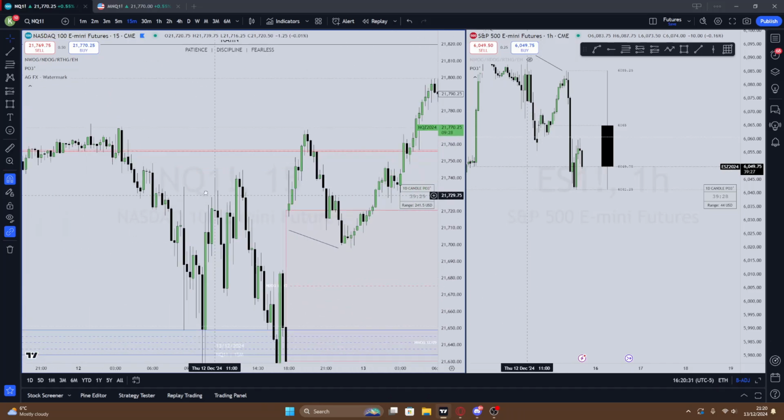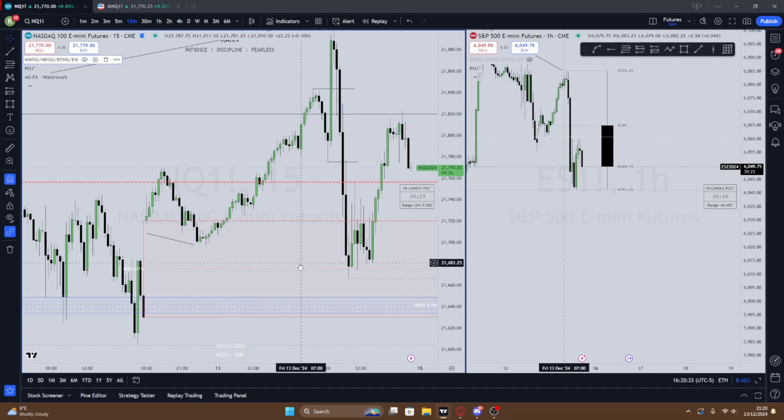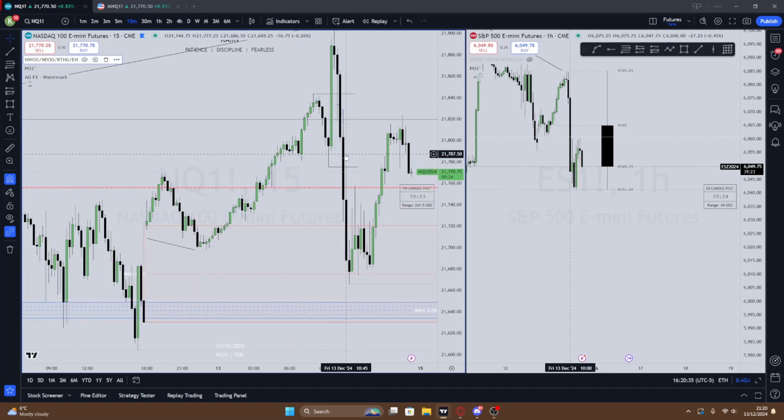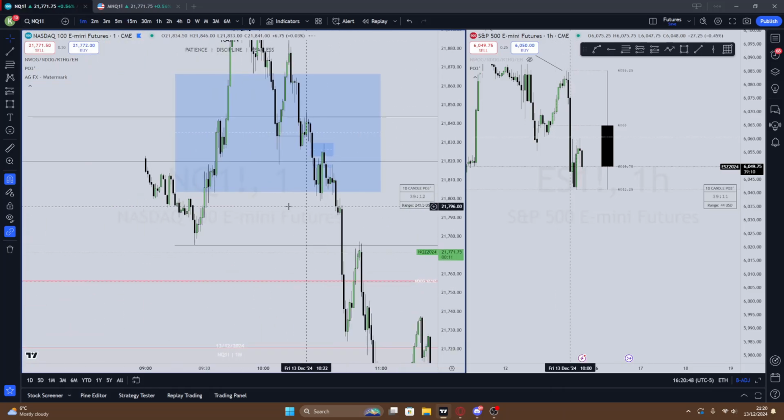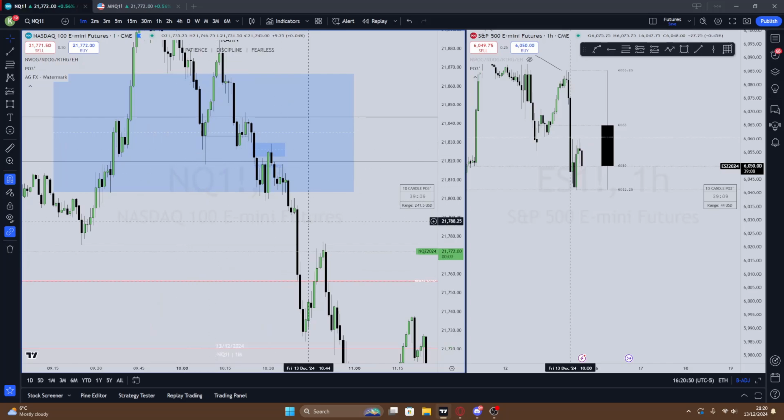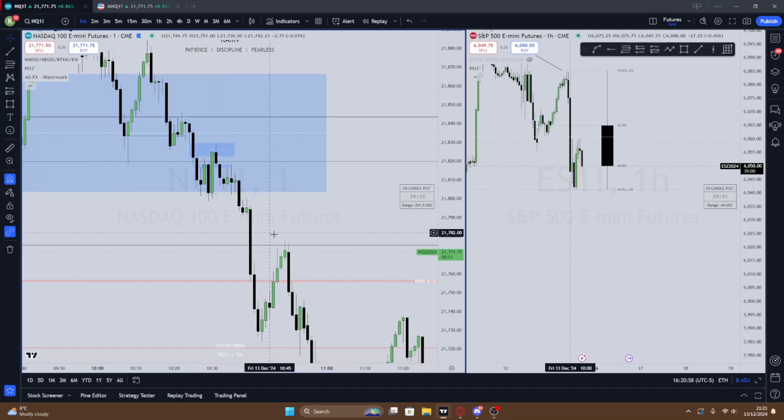I told in the VC that I would wait for the 15 minute to close, but I just never did. I think I forgot about it. And then what I said was that I wanted to see if this fair value gap gets inversed, and it did. Because I didn't wait for this 15 minute to get inversed, there's no real bearish confirmation.